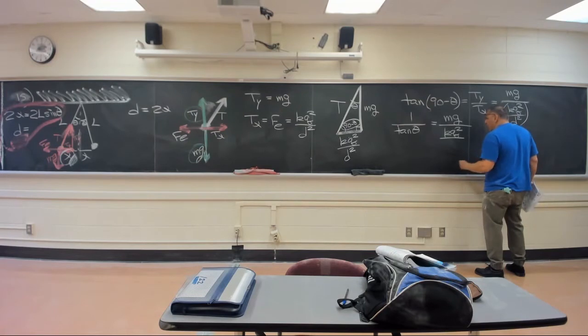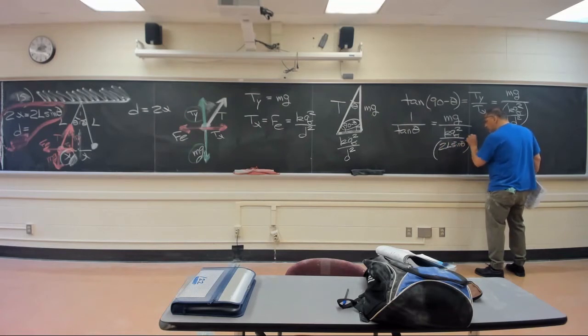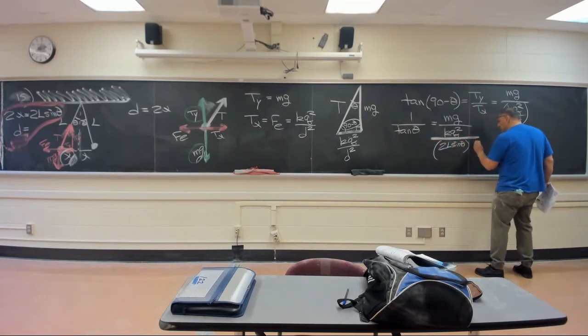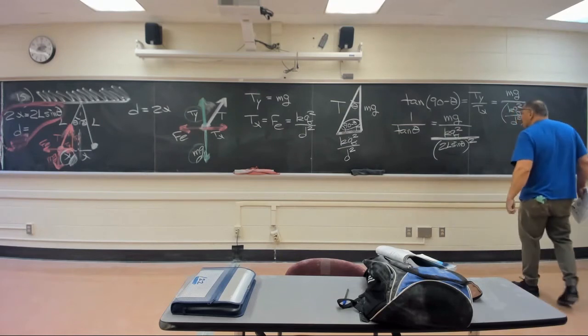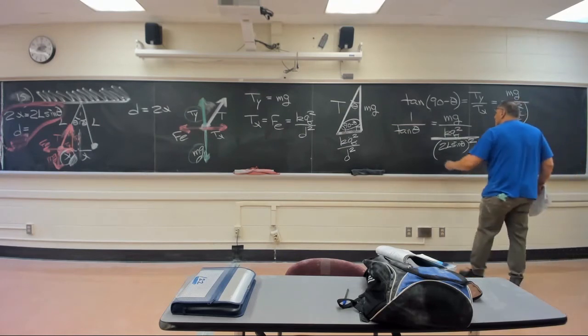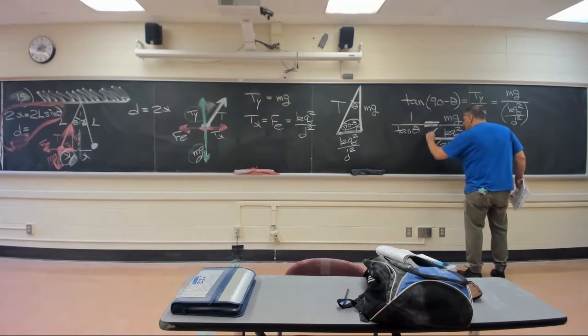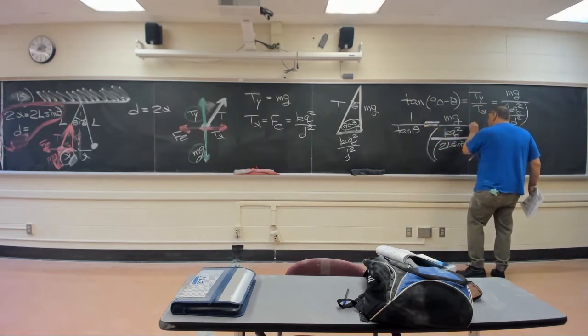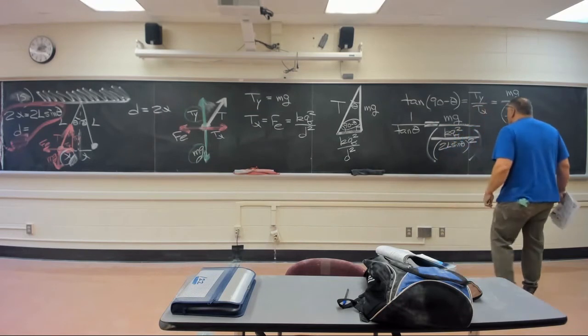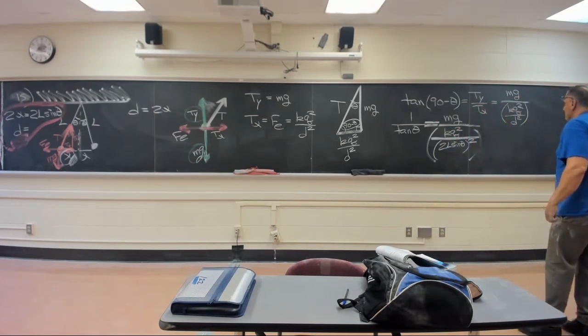D squared is the quantity 2x squared, the same as the quantity 2L sine theta squared.